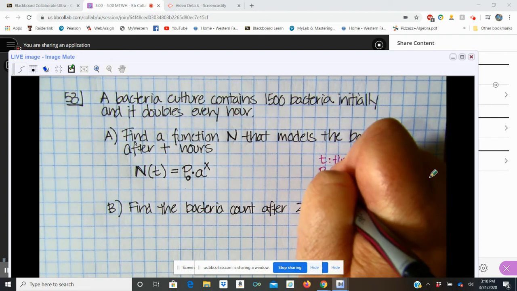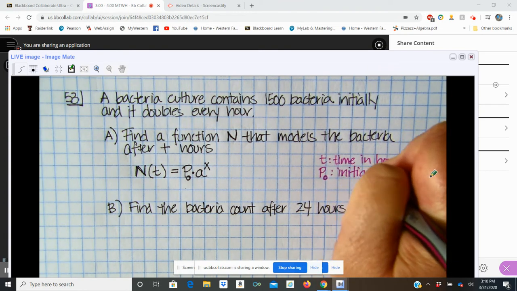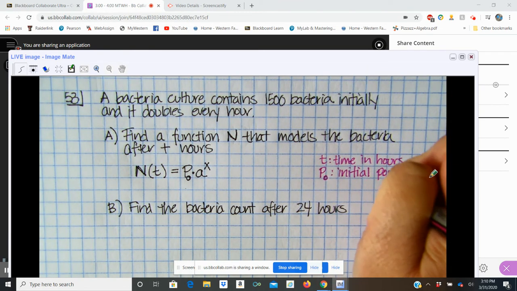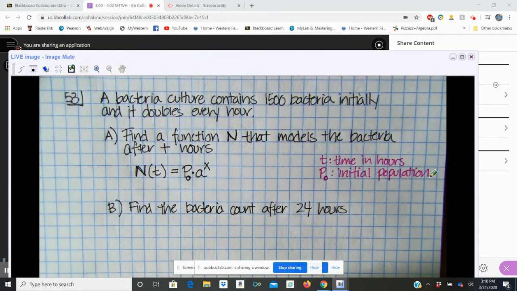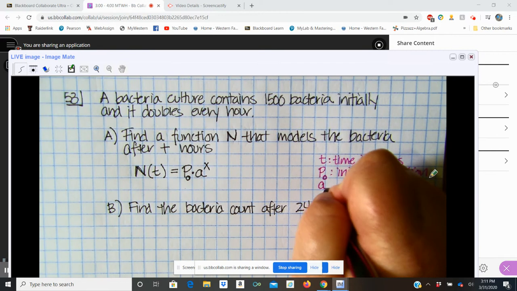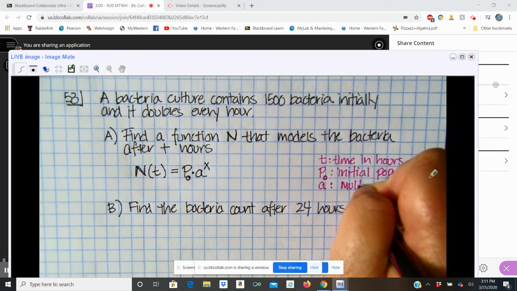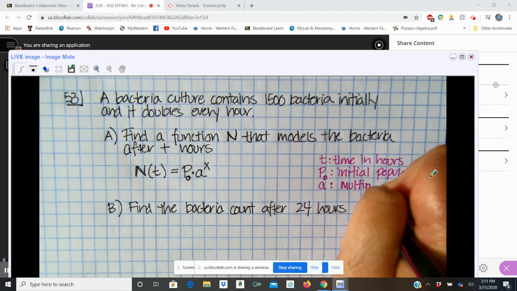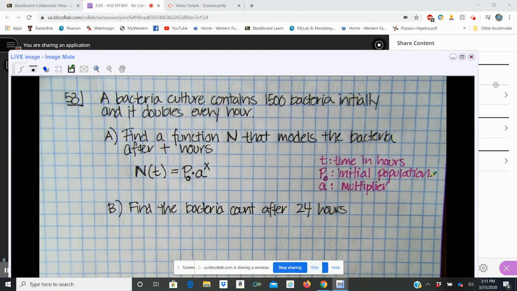P sub 0 is your initial or beginning population. a, your base, is your multiplier. So what's happening every hour?